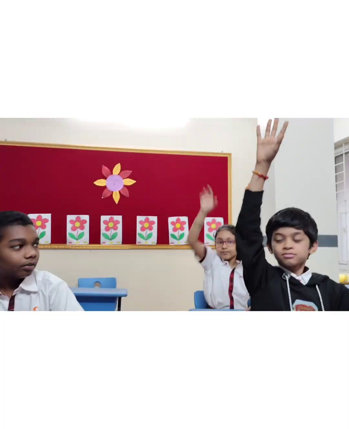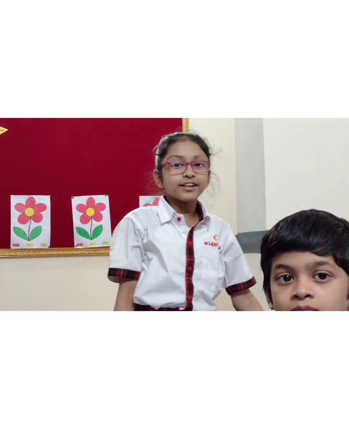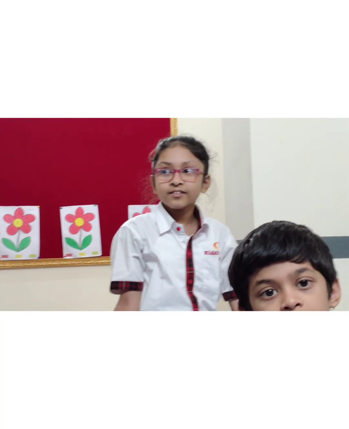Fourth step. Yes, Ishani. Irrigation. What do you mean by irrigation? Ma'am, we will keep sprinklers and we will water the plants. Okay. Other than sprinklers, what is the other way of watering the plants?